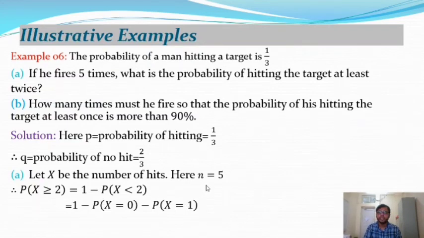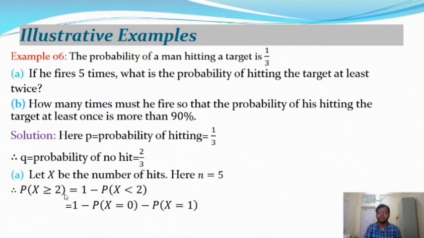So here n is the number of tries, it is 5, and x is the number of hits. Therefore we need the probability of x greater than or equal to 2.